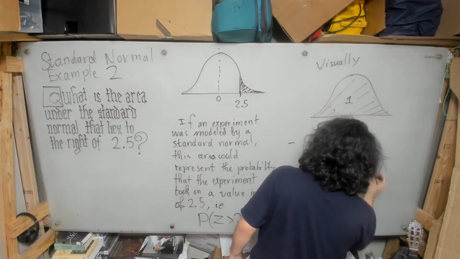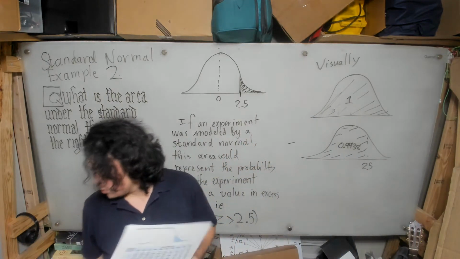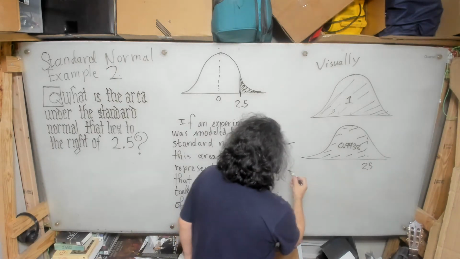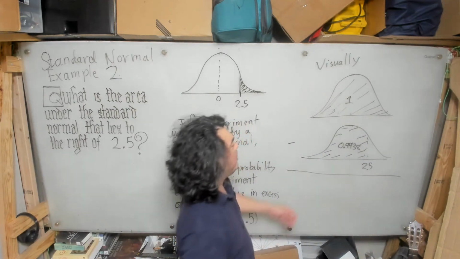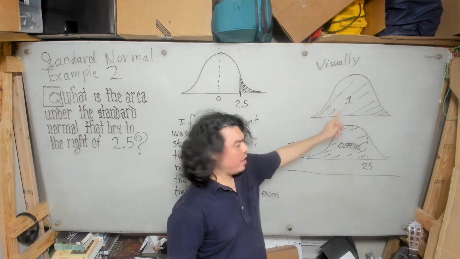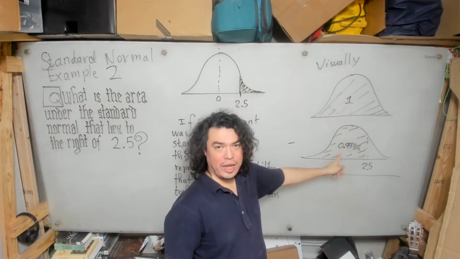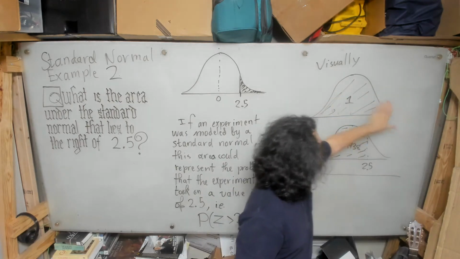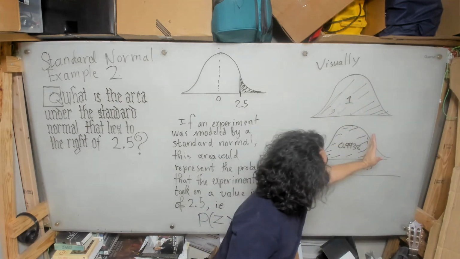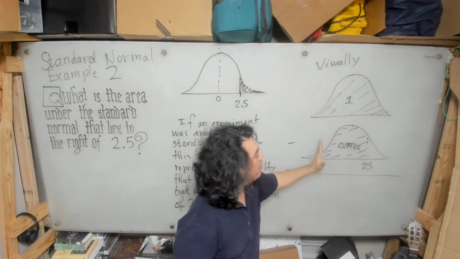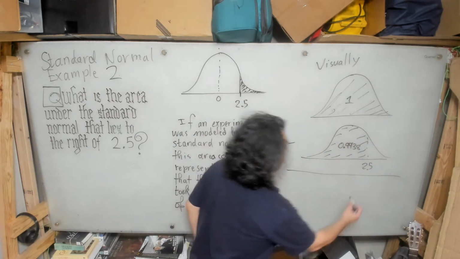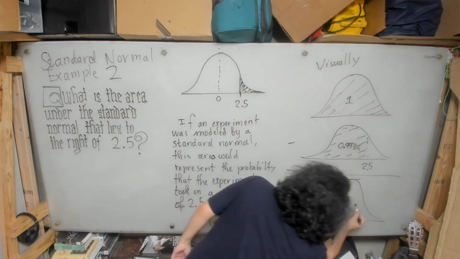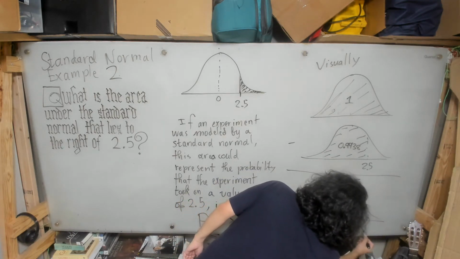Then if I take 1 and I subtract 0.9938, what is that going to leave me? Here, this is the whole area under the whole curve, and I'm taking away all of the area under the curve that goes behind 2.5. What does that leave me with? It leaves me with just the area to the right of 2.5, which is exactly what we want, right?